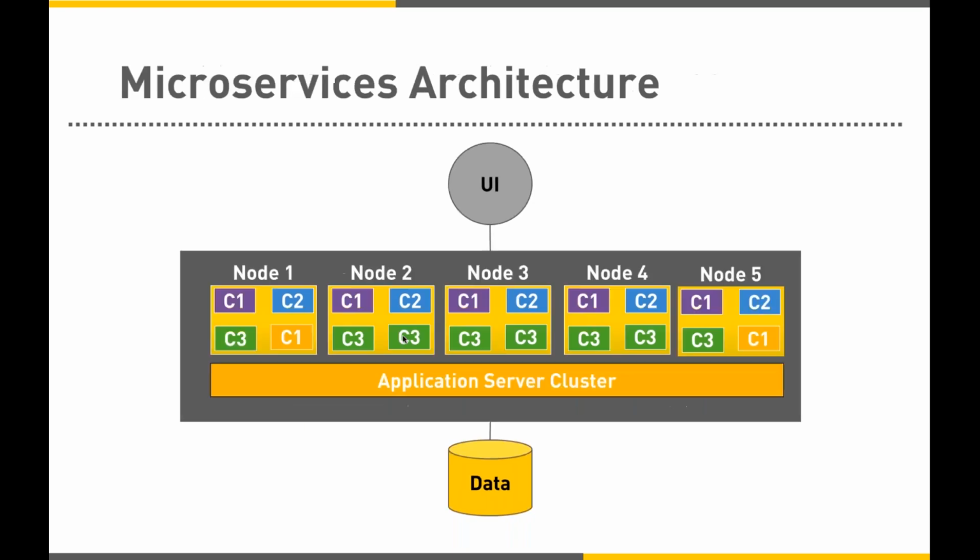Now, when you look at the emerging microservices architecture, you'll notice that the application server is now looked at at the cluster level. So it is now becoming a pool of resources. We don't have one VM or one physical machine.